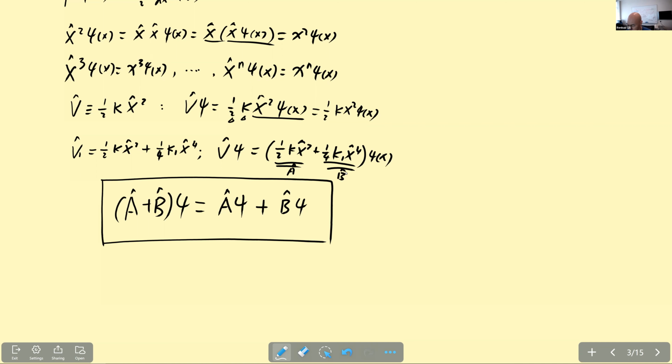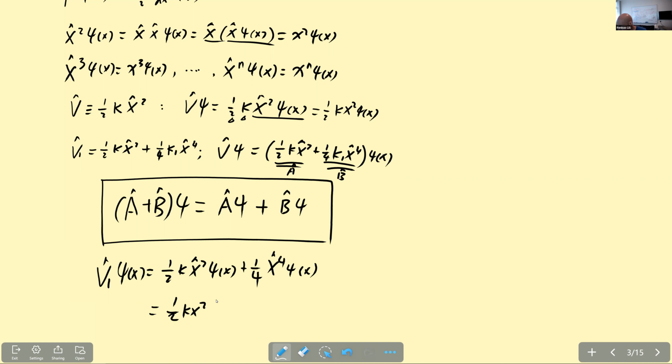So that means V1 acting on psi of x will equal 1/2 k x squared psi of x plus 1/4 k1 x to the fourth power on psi of x. And then obviously this will equal 1/2 k x squared times psi of x, plus 1/4 k1 x to the fourth power times psi of x.